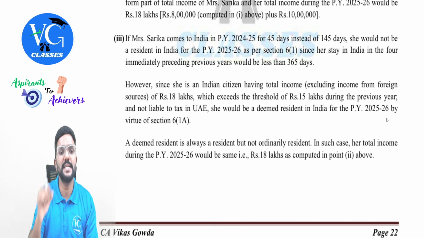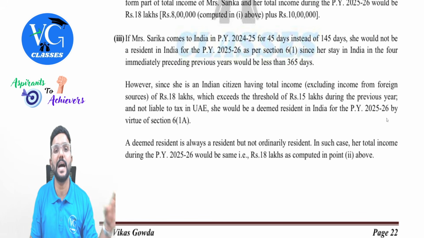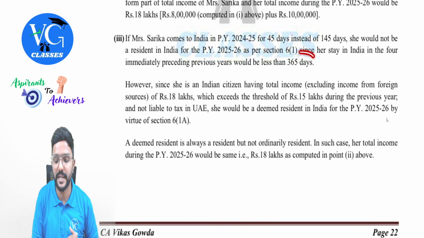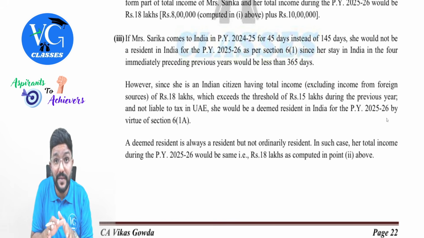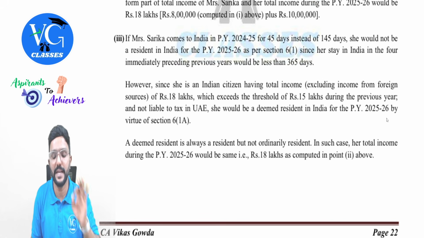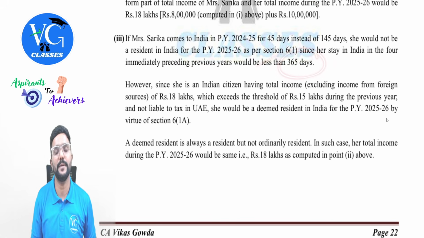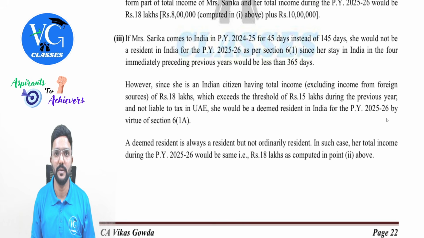She would not be a resident in India for previous year 25-26 as per section 6 subsection 1, since her stay in India for the last 4 years is less than 365. During the previous year, she is in India for more than 120, but when it comes to the last 4 years, her stay in India is less than 365. So the second condition under section 6.1 is not satisfied.